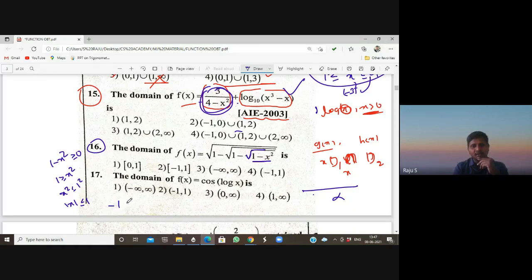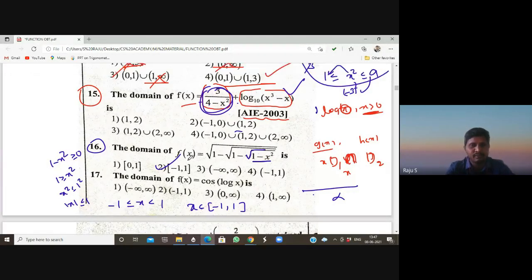This can be written as minus 1 lesser than or equal to x lesser than or equal to 1. Now, minus 1 to plus 1, that is nothing but what? x belongs to minus 1 comma 1. The second option is correct. Any doubt here?